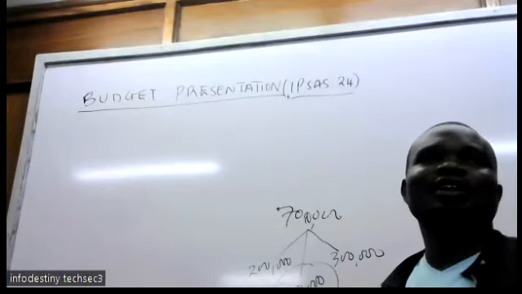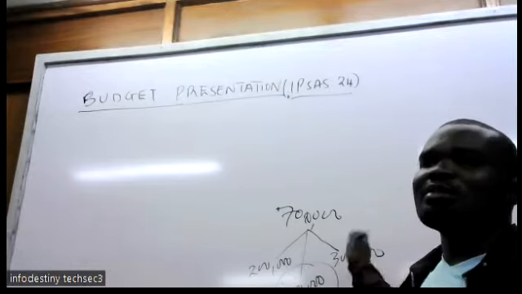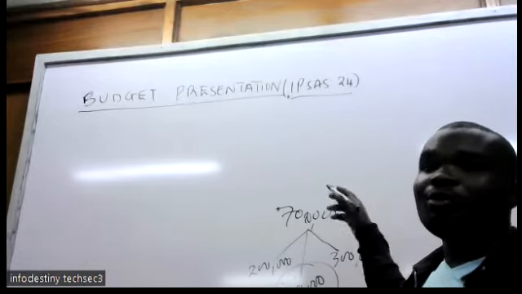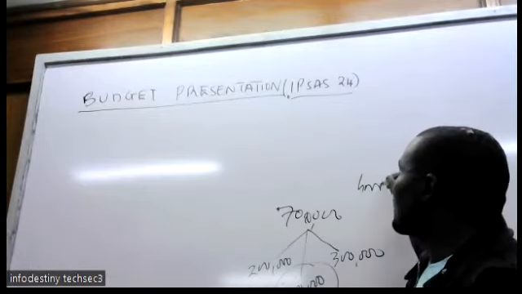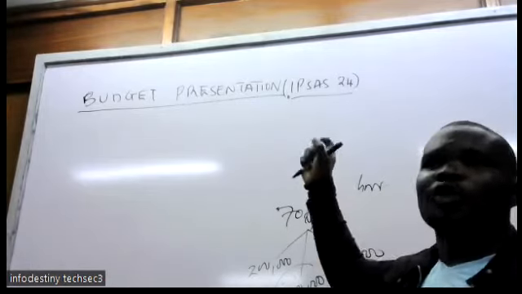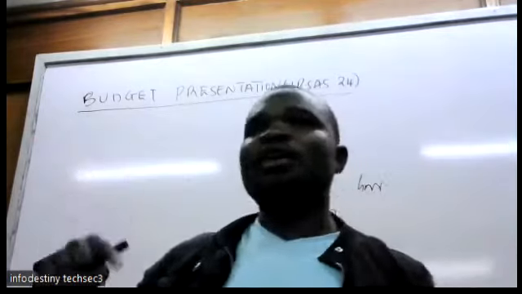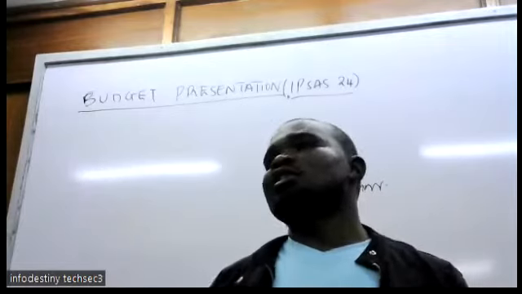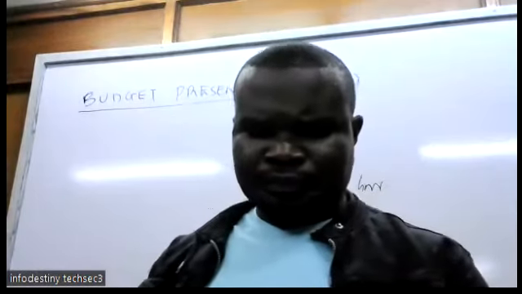Are you happy that you have borrowed less? You can't finance the budget. So when we go to the exam, you may think it is easy, but don't treat borrowing in terms of a loan. Treat it in terms of what you are expecting to finance the budget. Good, then that is okay.